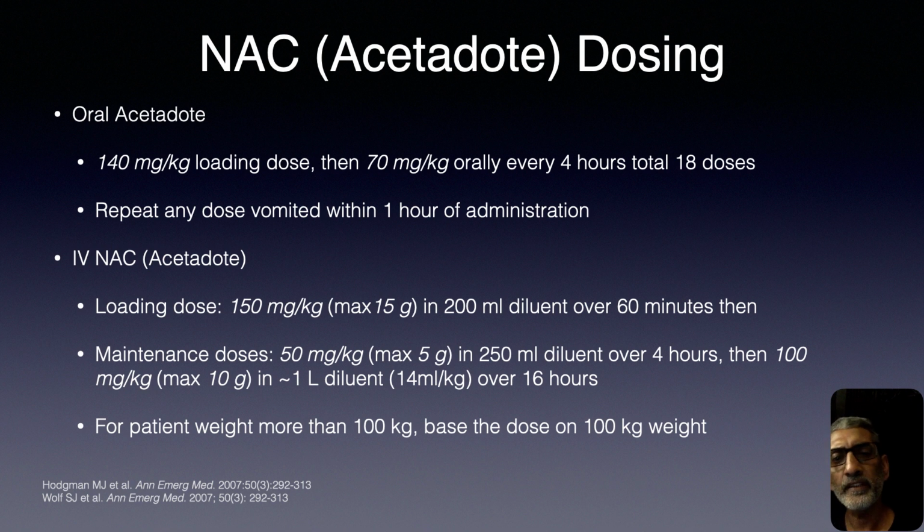For the IV, the loading dose is 150 milligram per kg, the first dose, maximum 15 gram. Give this over 1 hour. Then the second dose, 50 milligram per kg, maximum 5 gram. Give it over 4 hours. And then the third dose, 100 milligram per kg, maximum 10 gram. Give it over 16 hours.